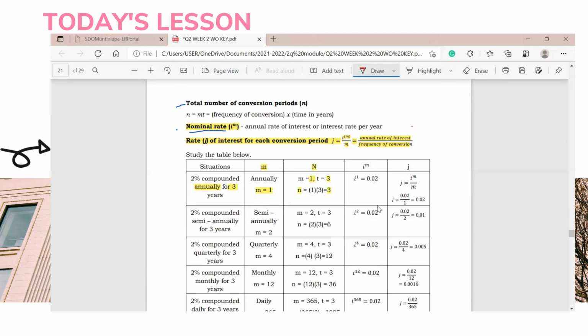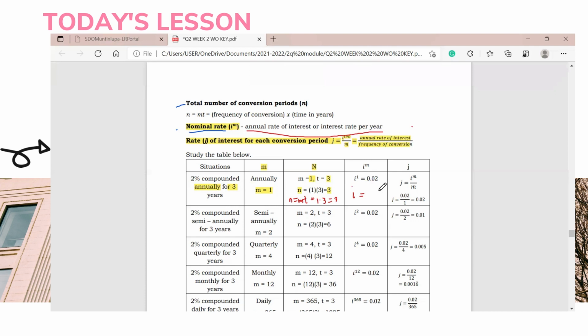N is equal to MT is equal to 1 times 3 is equal to 3. Ito naman, i is equal to i raised to m. Our m is 1. So this, i raised to m, is the annual rate of interest or interest per year.